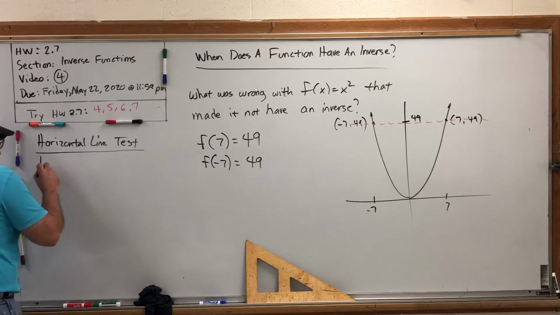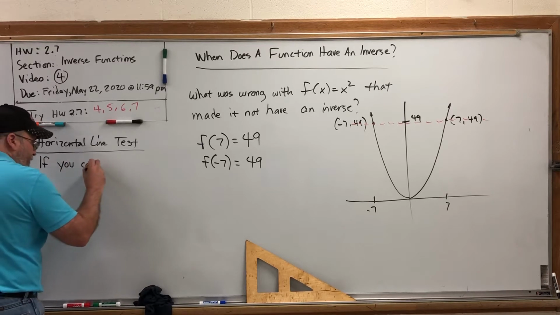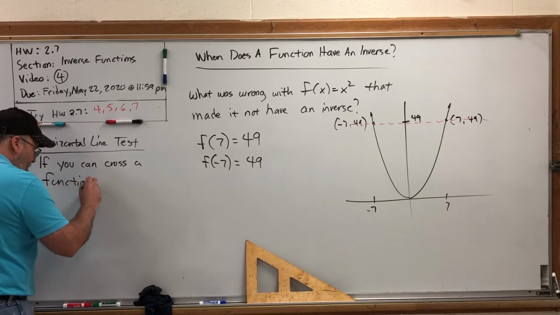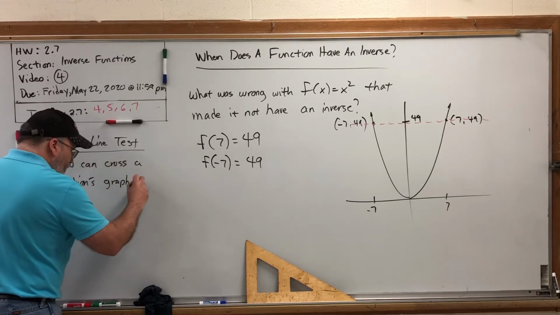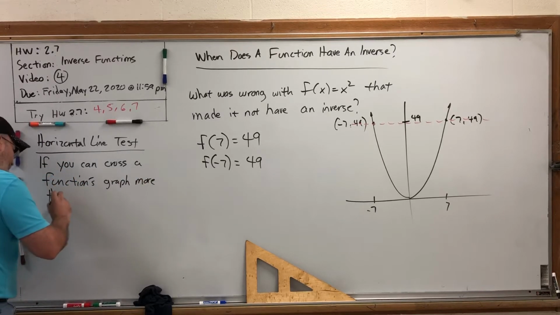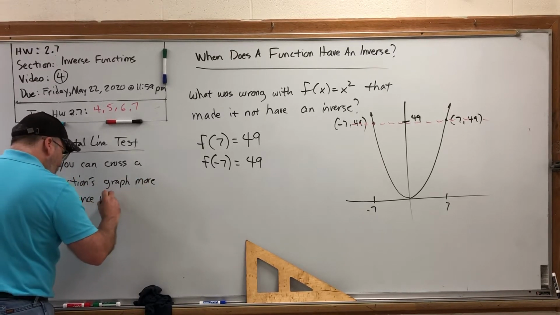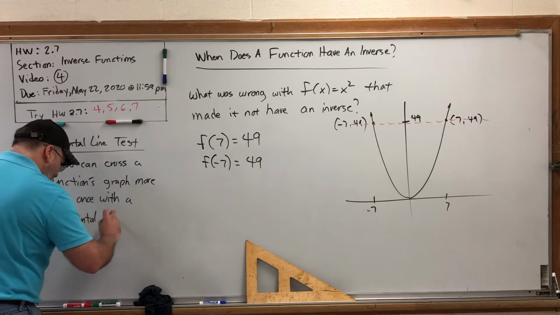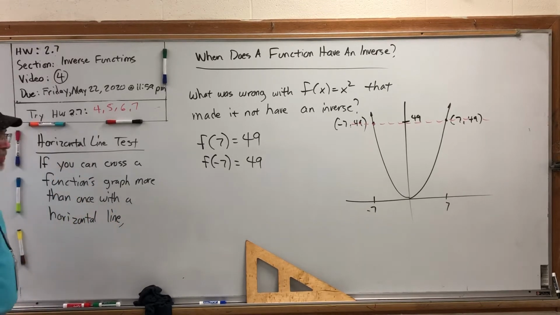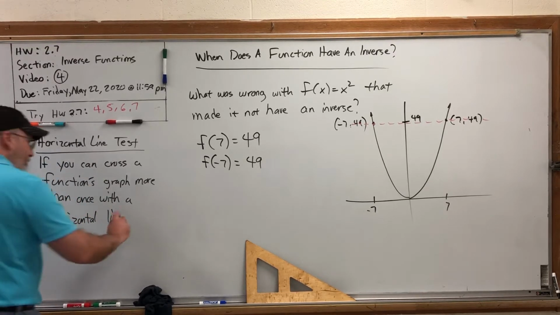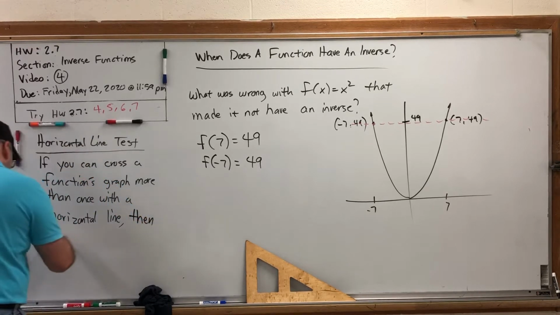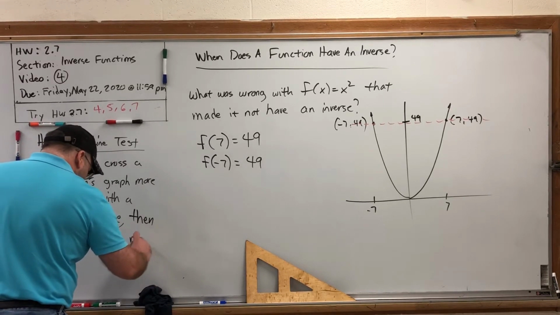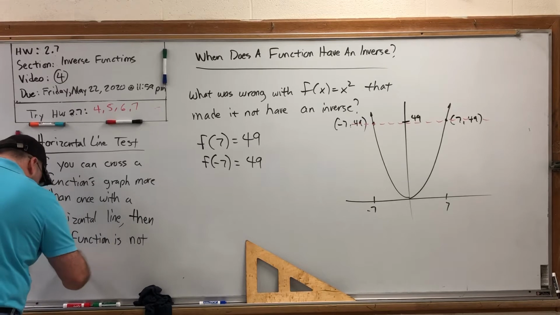So it goes like this. If you can cross a function's graph more than once with a horizontal line, so that the horizontal line crosses the graph more than once, then the function is not invertible, which is another way of saying it does not have an inverse.